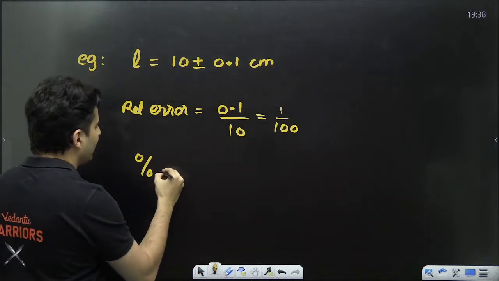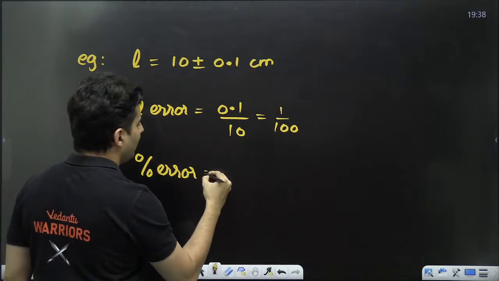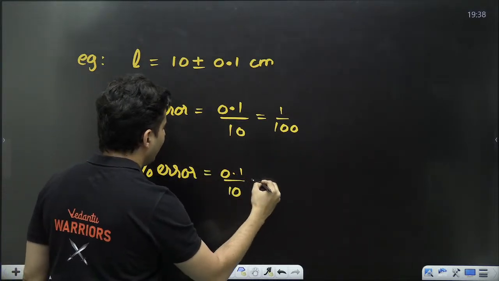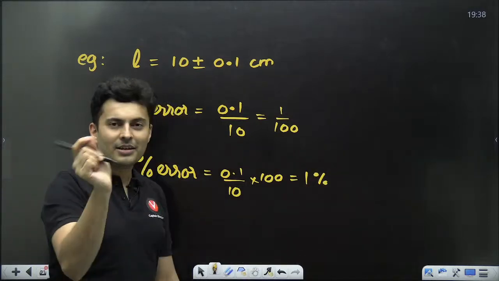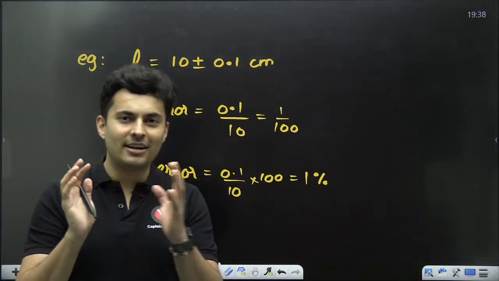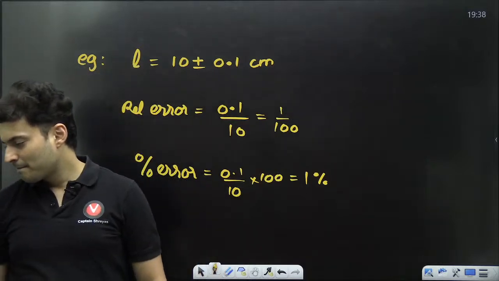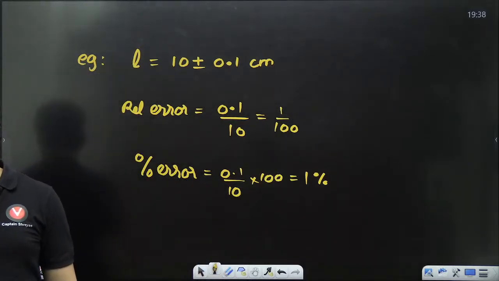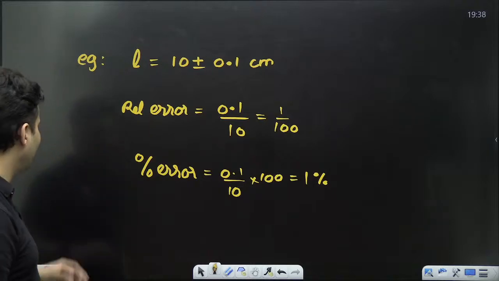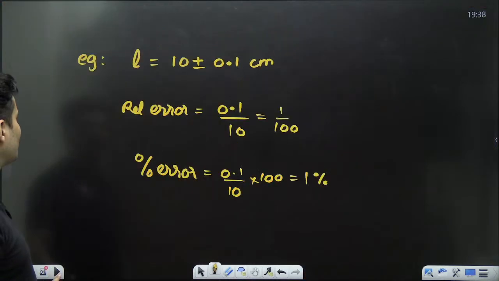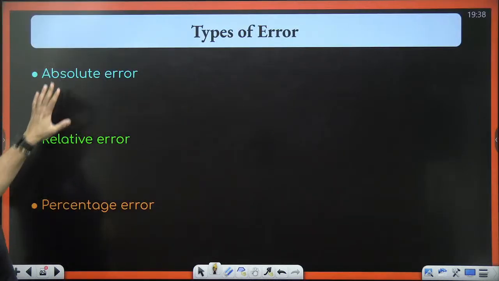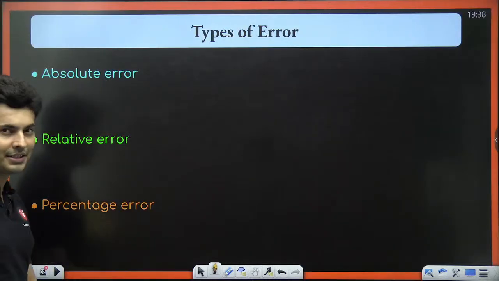And the percentage error is 0.1 divided by 10 into 100, which comes out as 1%. So there is an error of 1% in the entire reading. Okay, so that's the meaning of relative error, percentage error, and absolute error, something which you should be aware of.